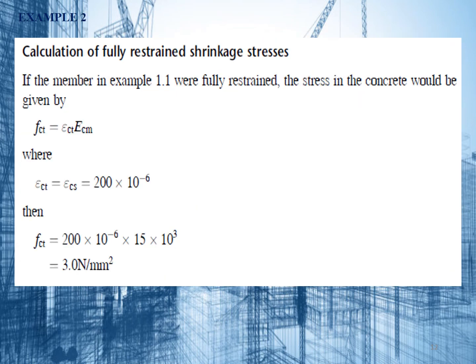Calculation of stresses in concrete when fully restrained, equating the forces by the reinforcement only. For fully restrained, the stress in the concrete would be given by the final equation derived in the previous slide using the stress relationship. From left side, FCT equal to epsilon CT times ECM. We get the tensile stress as strain multiplied by the modulus of the concrete.